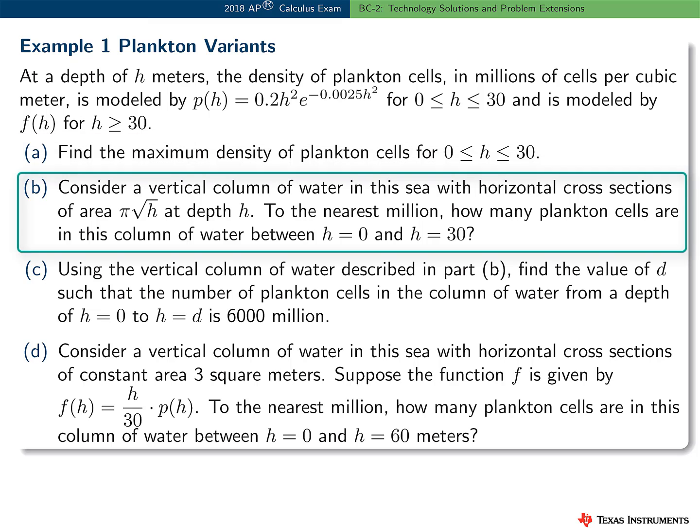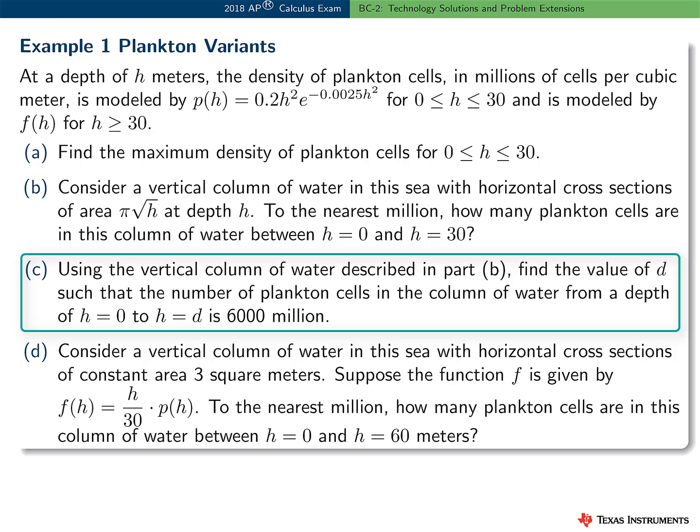In Part B, consider a vertical column of water with cross-sections of area pi times the square root of h at a depth h. Determine the number of plankton cells in this column of water between h equals 0 and h equals 30. In Part C, find a depth d such that the number of plankton cells in this column of water is 6,000 million.